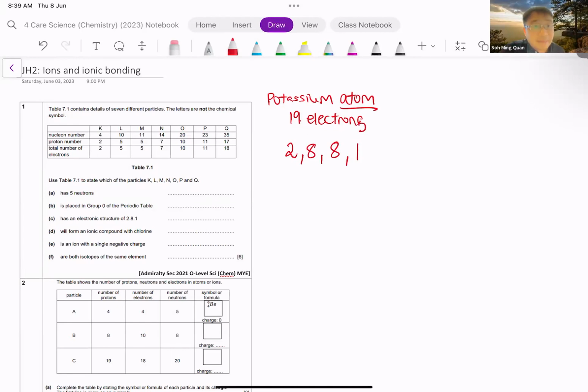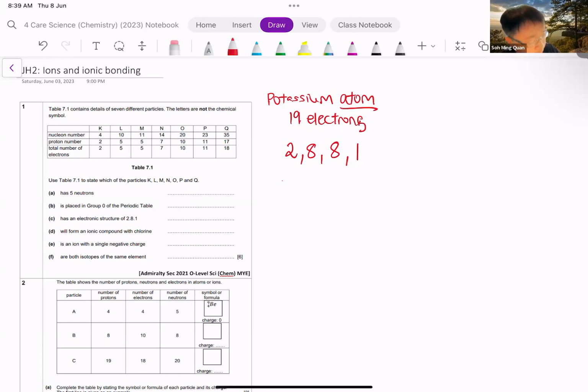That's why we say that potassium has 1 valence electron. Valence means outermost, so it has 1 electron in its outermost electron shell. Hence, potassium has 1 valence electron, and that's why potassium is from group 1 of the periodic table.